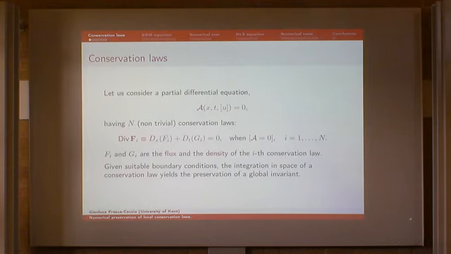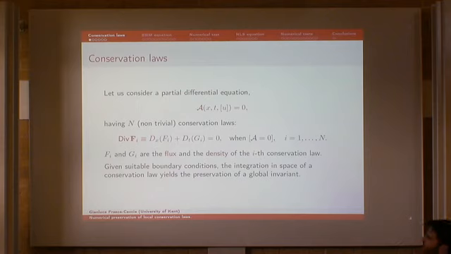Conservation laws, we have seen, are total divergences that vanish on the solutions of the PDE. And we're just assuming they are non-trivial. Peter has explained already what non-trivial means. The functions f and g are the flux and the density of the conservation law.